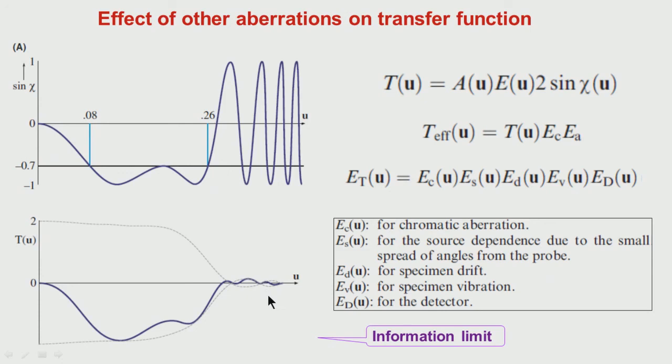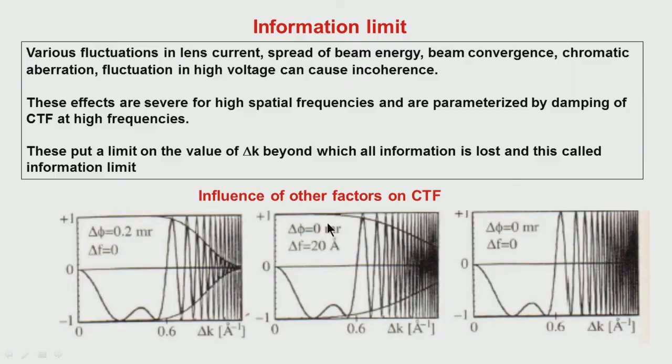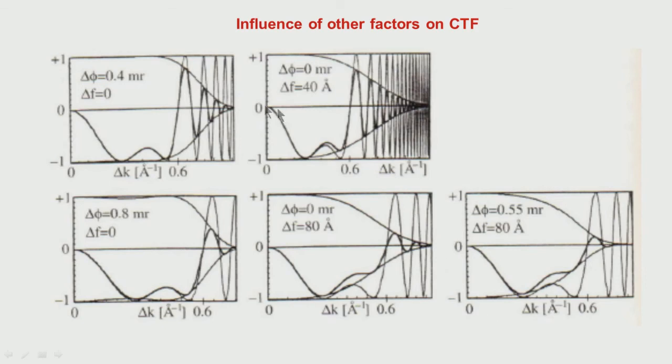Even if you try to get information which is beyond that, in these slides what I have done is show the effect of various effects like delta f becoming 0, and when the convergence of the beam is being changed. All those effects are being considered, and that is what it is essentially giving.